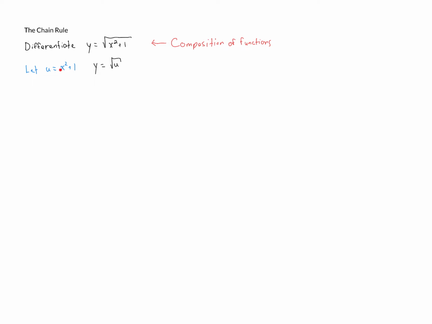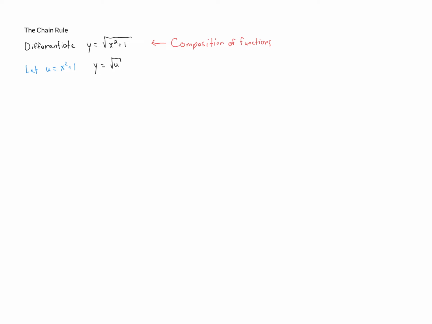We've also differentiated polynomials before. So in particular, when we let u equal the inner function, we can differentiate the outer function and we can differentiate the inner function. So those two functions we already know how to differentiate. The question is, how do we manage when we're dealing with a composition of these two functions?